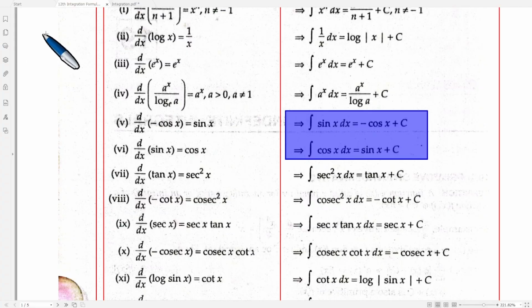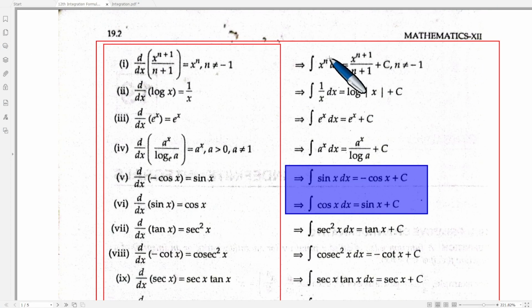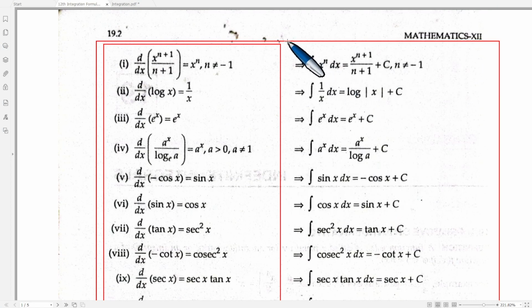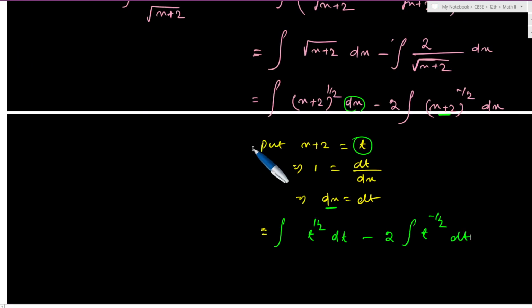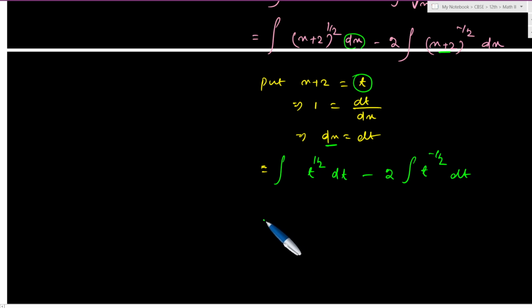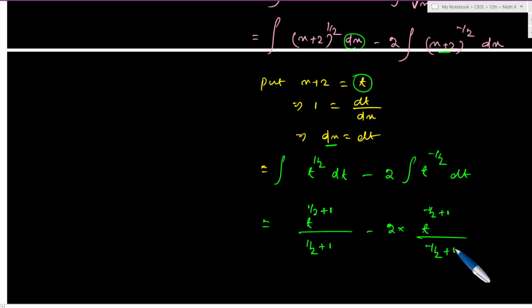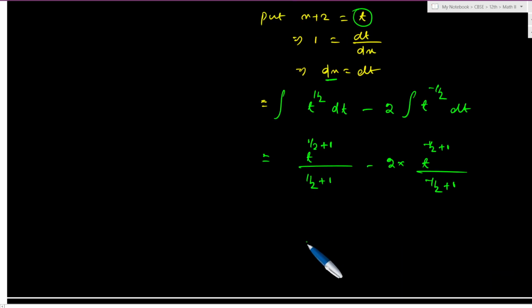And in this case we will use this simple formula. That will become t to the power 1 by 2 plus 1 divided by 1 by 2 plus 1, minus 2 into t to the power minus 1 by 2 plus 1 divided by minus 1 by 2 plus 1. Simple, we have to solve this.